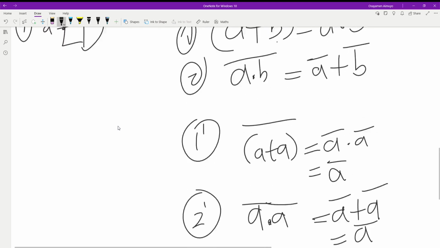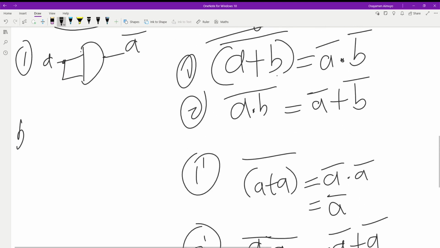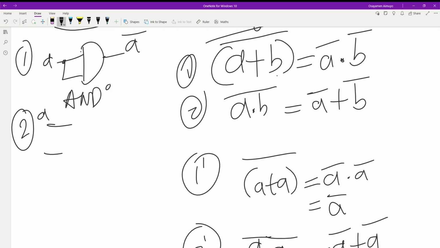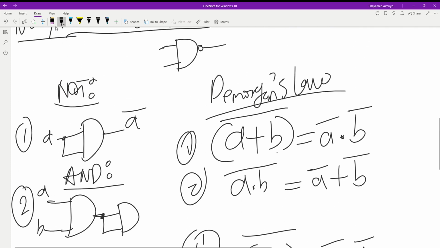Now, let's apply that to the AND. We know that the AND is basically the output of a NAND gate negated. So all we need to do is, imagine you had A, B, ANDed. Okay, I made a mess.